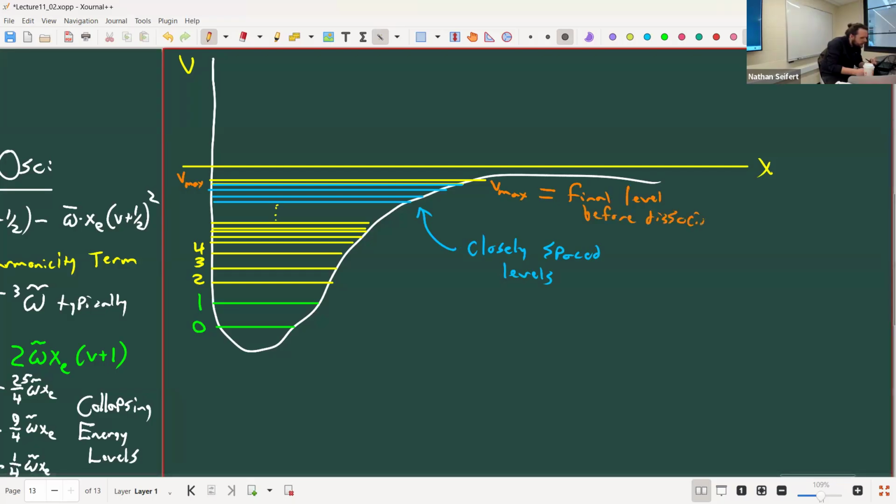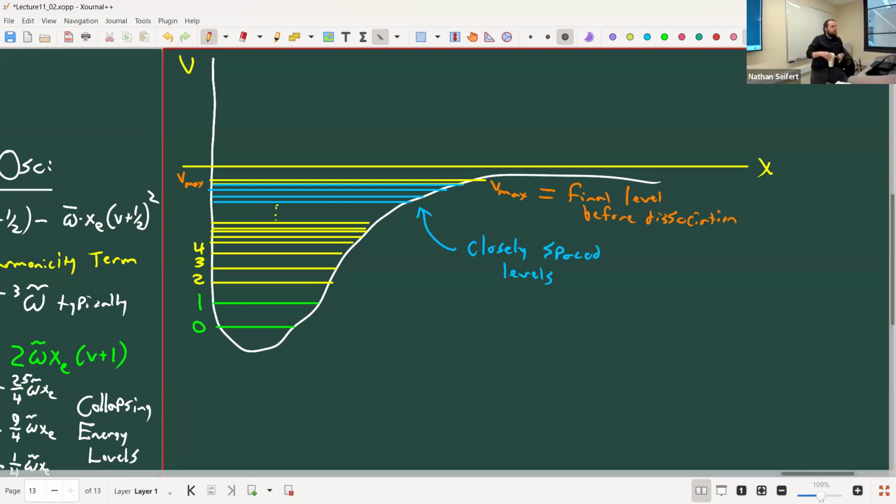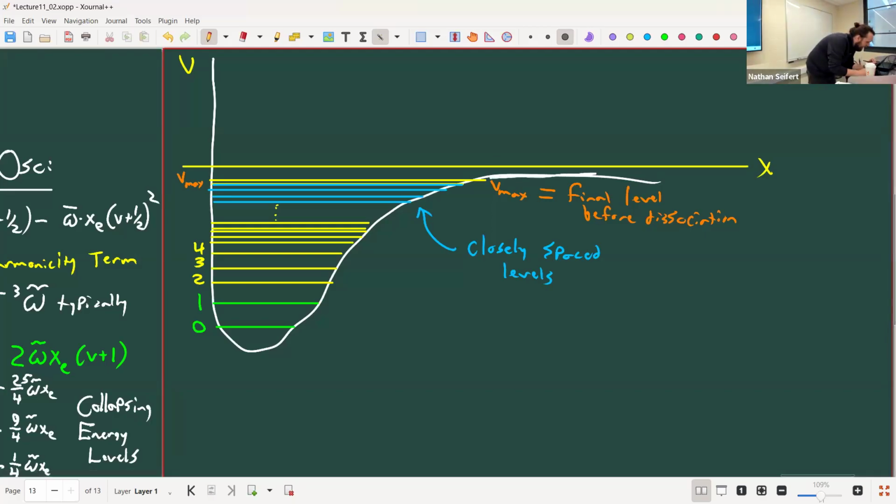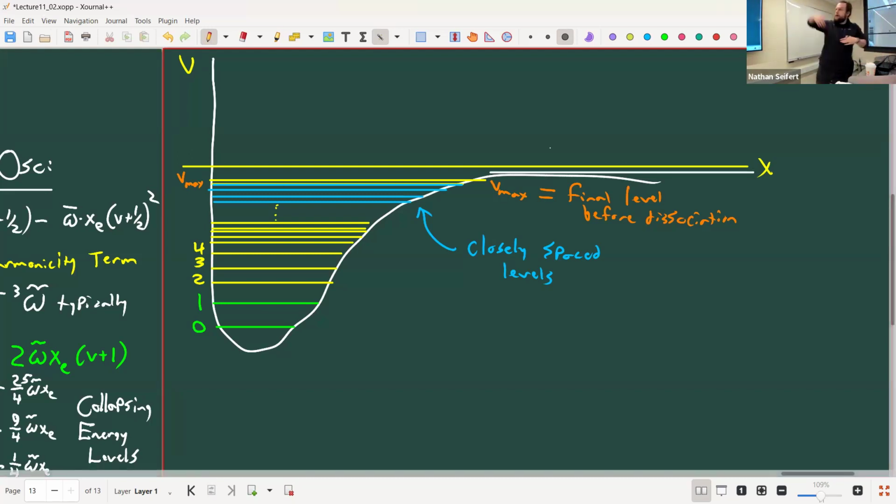Go back to our problem again. Remember that when we talked about that chemistry problem, we're plucking the chlorine off. Well, now we can identify precisely which level we need to excite to break the bond. There is some finite energy level that the system is bound at, and every level above that is no longer bound. Above it, the system is unbound.